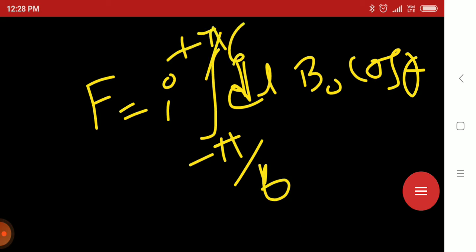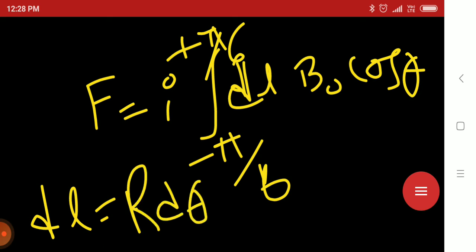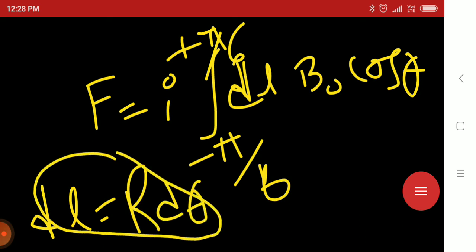Now what should be the dl? Let r be the radius of the arc, and theta is the angle. So we can take dl as r d theta, dl equals r d theta.